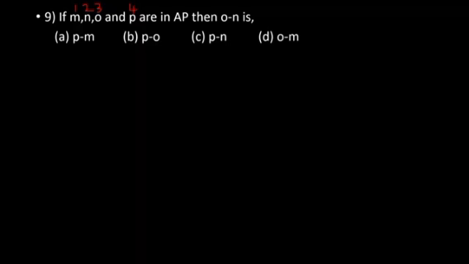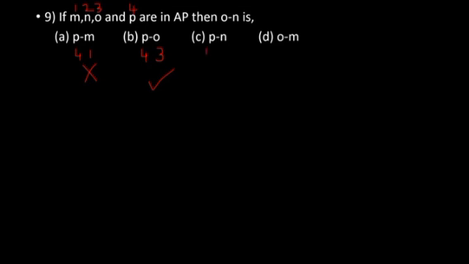First we see P minus M. P is A4 and M is A1. It's not possible, because A4 minus A1 is not the same form. Next, P minus O. P is A4 and O is A3. It's possible, it's similar to O minus N. We will write this one.